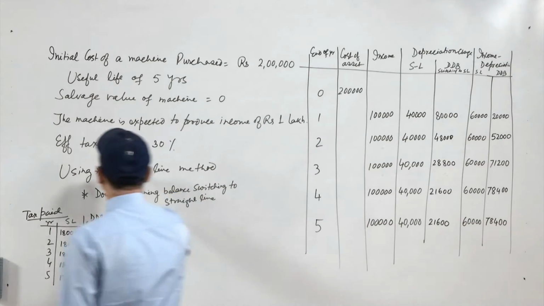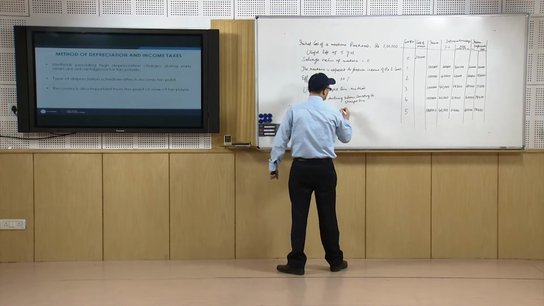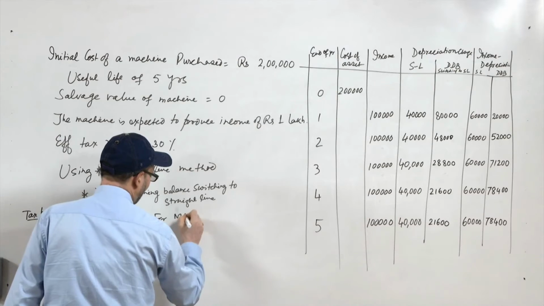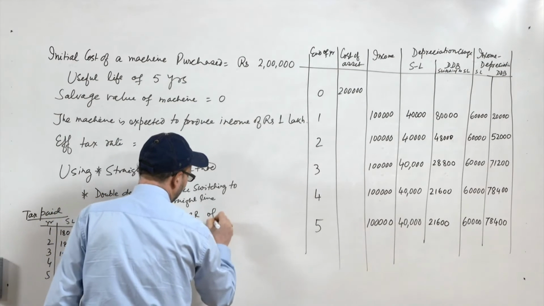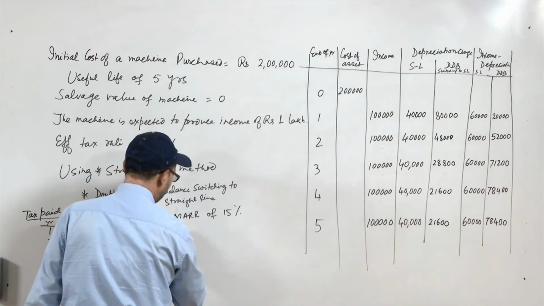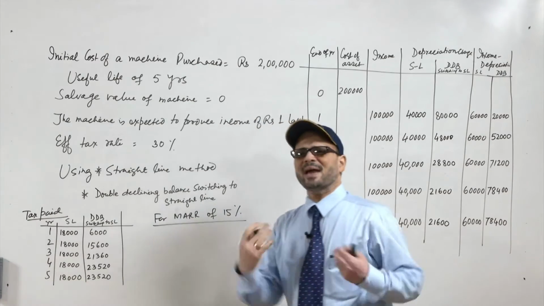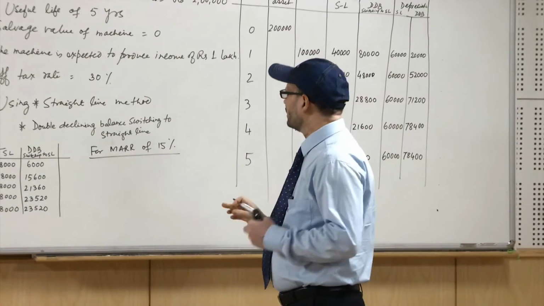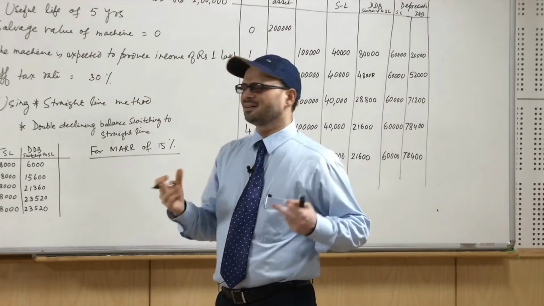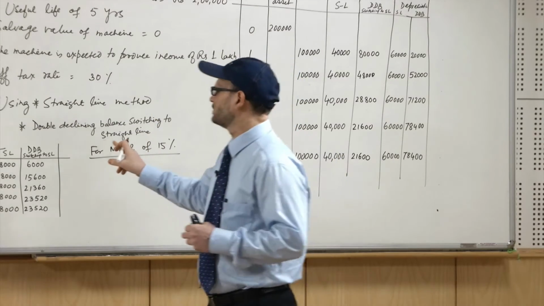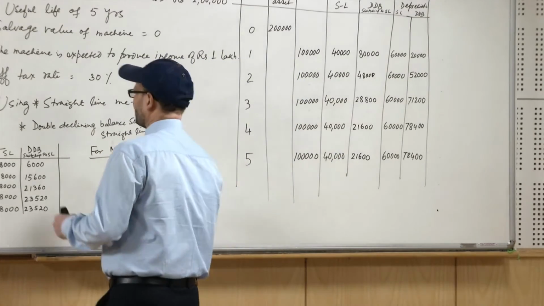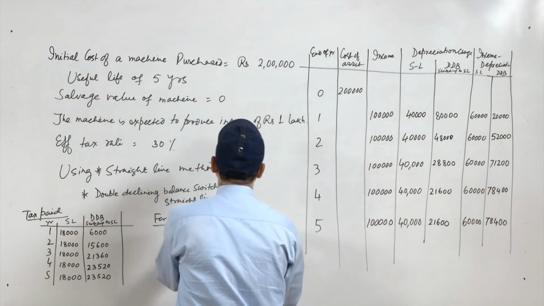Now, for MARR of 15%, if 15% is the rate of return expected, in that case we can only compare if we find the present worth of such investment, or we can say MARR of 12%.